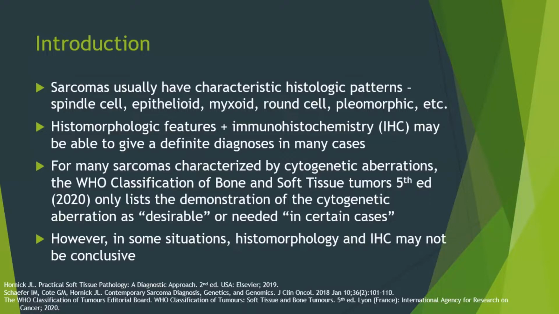So, what are these certain cases in which it is necessary to perform these molecular tests? The obvious answer to that question is when, of course, the histomorphology and the IHCs are not conclusive.